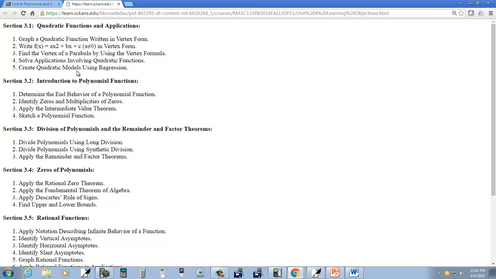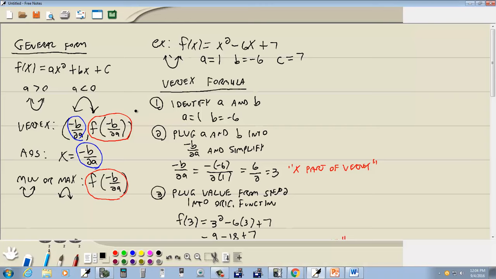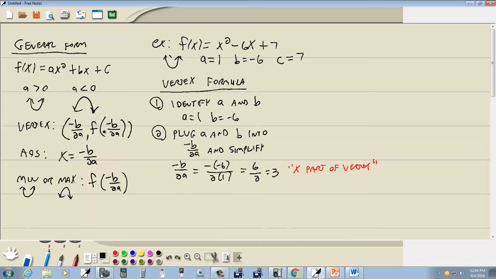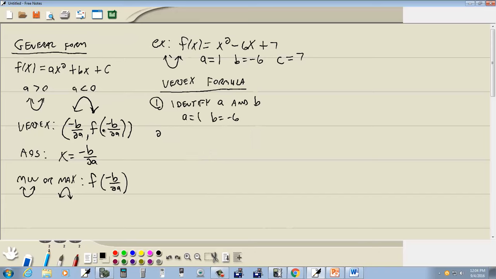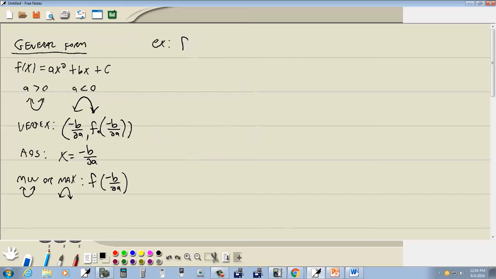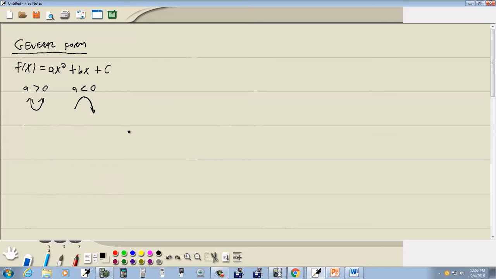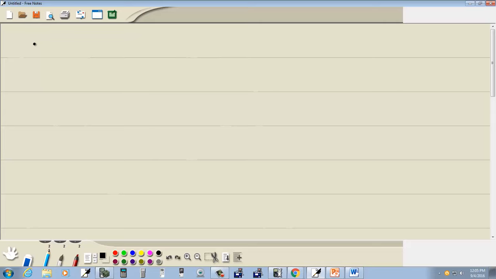Creating quadratic models using regression. So let me clear this off. Now if you're given points, given x and y, let's say I got x values negative 2, negative 1, 0, 1, and 2, and y values 12, 8, 1, 3, and 21.